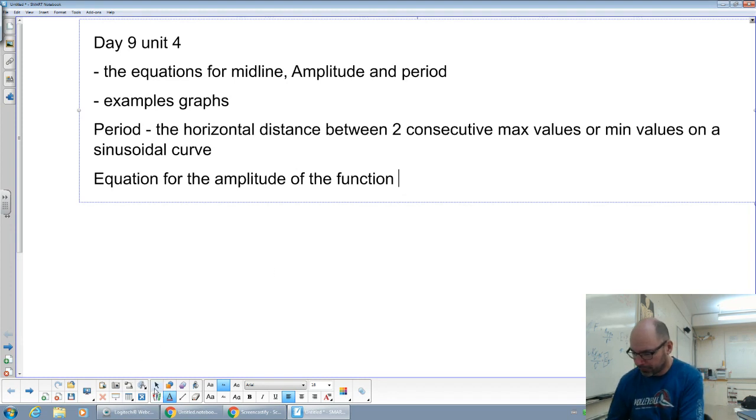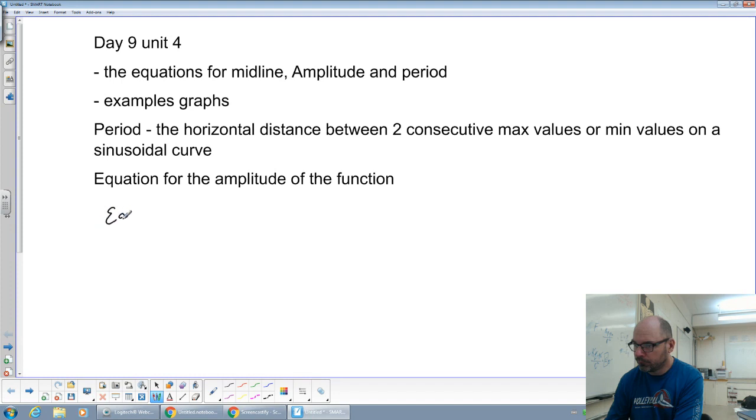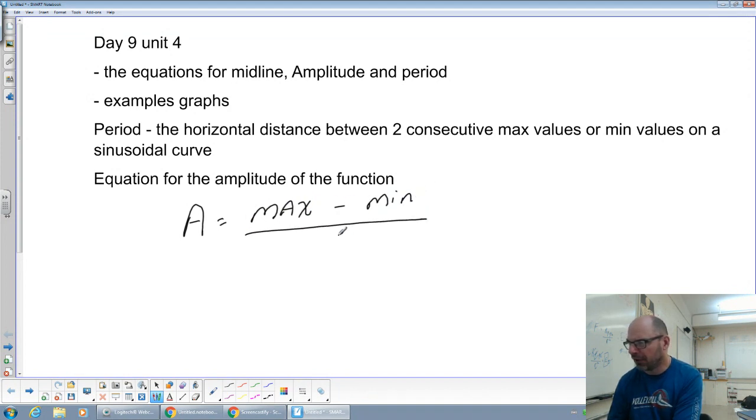Okay, I'll do this with a marker here. We'll just say amplitude. We'll use capital A for short. So this is going to be max value, subtract the min value, divided by 2.